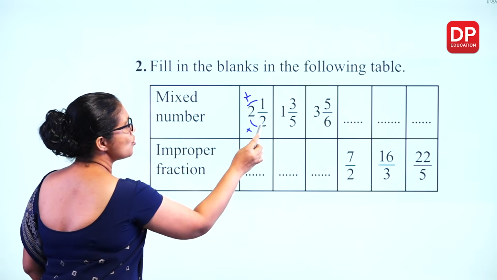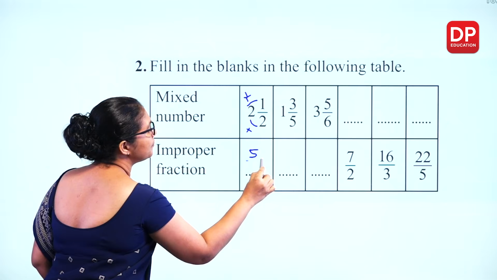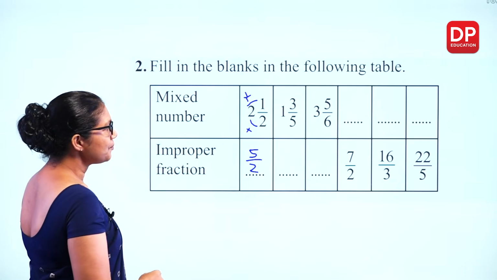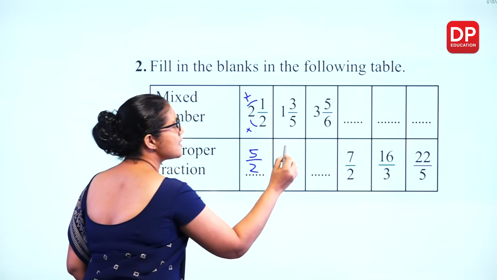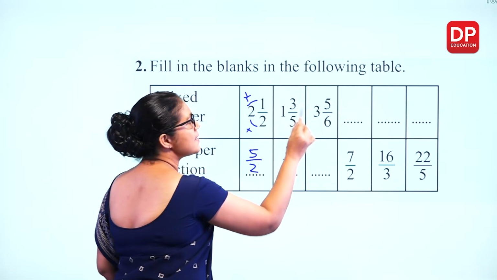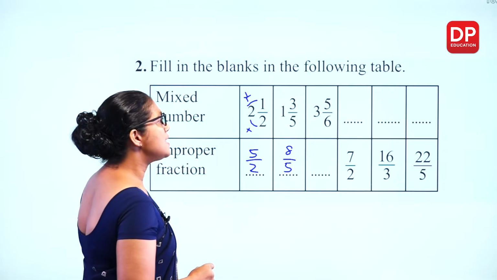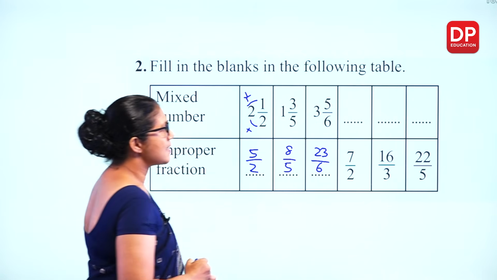So here 2 times 2 is 4, 4 plus 1 is 5, 5 over 2. How do you do this one? 5 times 1 is 5, 5 plus 3, 8. 6 into 3 is 18, 18 plus 5, 23 over 6.